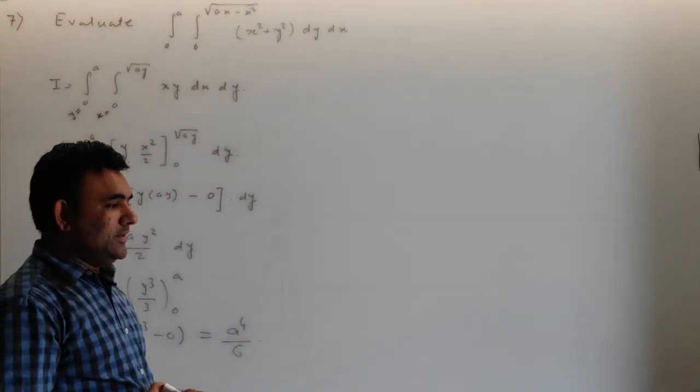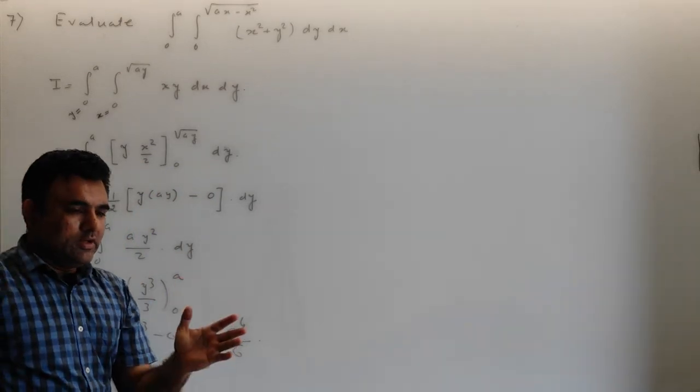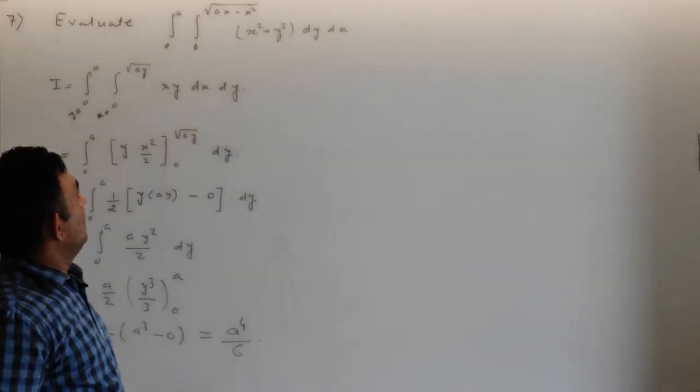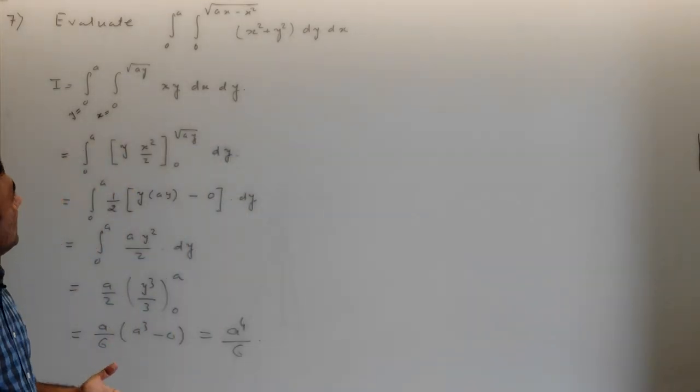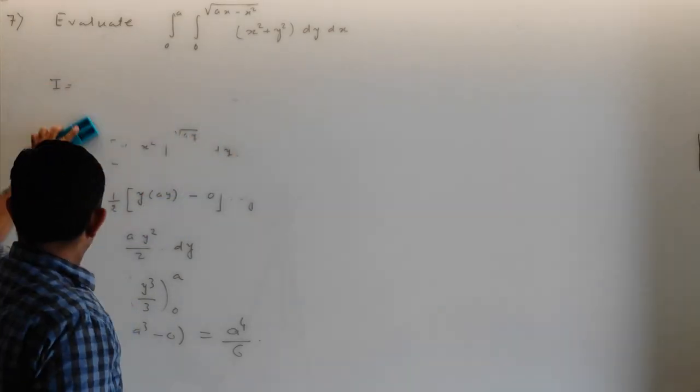We will decide the limits according to the rule that if the limit of x is variable, then it will be a function of y, and if the limit of y is variable, then it will be a function of x. So let us see this example.